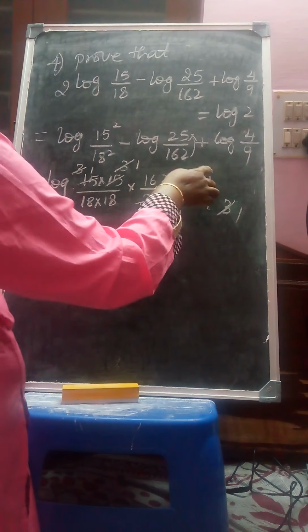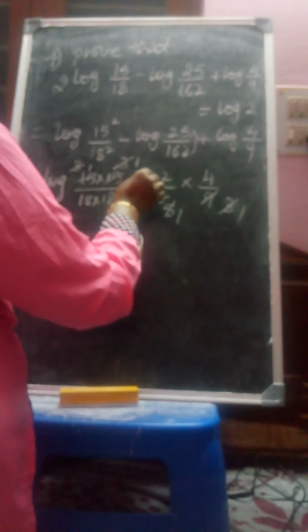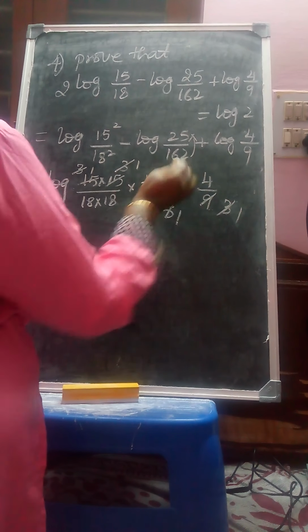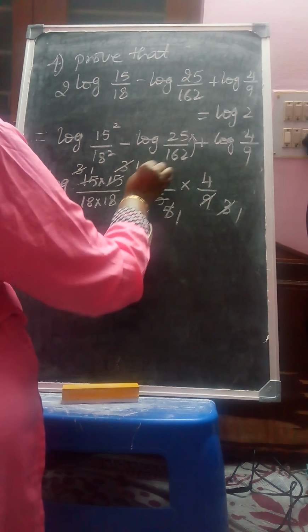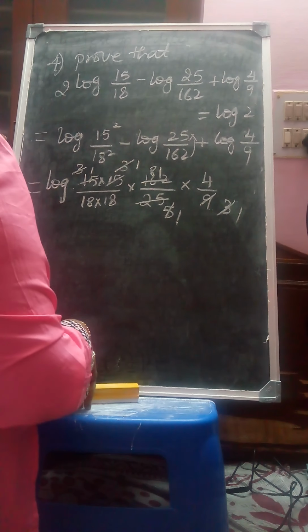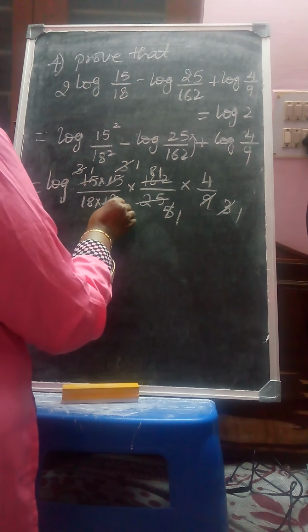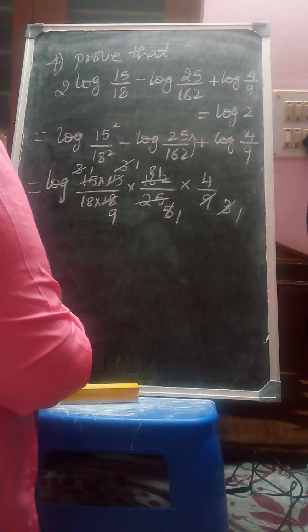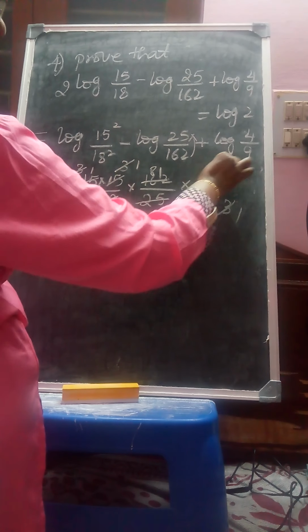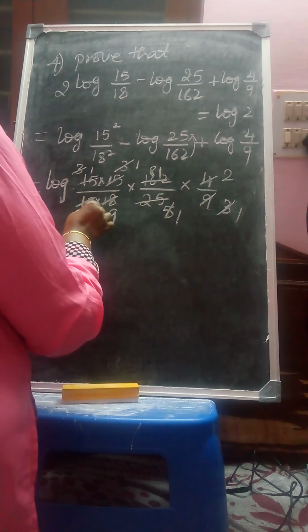Now I'm left with 18 into 18, 162 and 4. Okay. Now see here, when we take 2, it is 81 times. Okay. And here it is 2 nines are. Okay. Now see here, 2 twos are, again 2 nines are.